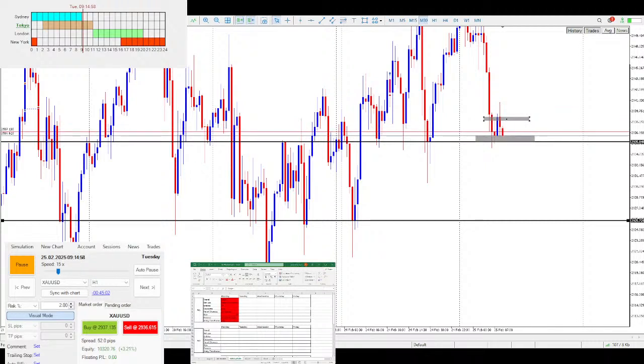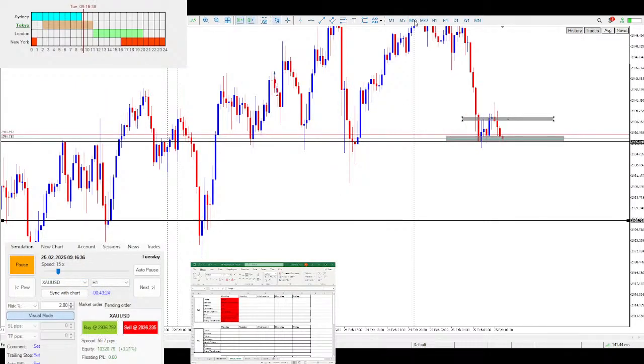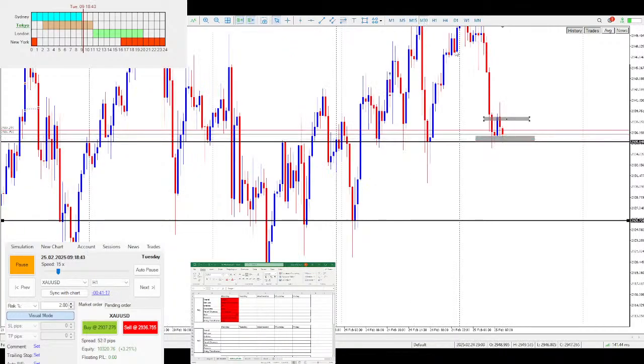I'm observing only the 30 minutes and the 1 hour time frame. I'm waiting for this M30 time frame. You can see price moved from this resistance 1, 2, also 3 to this. So let me wait for this M30 time frame to close.